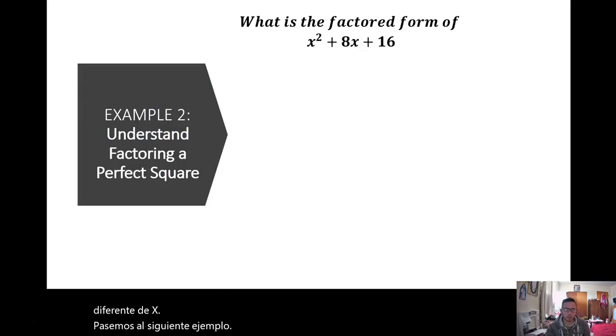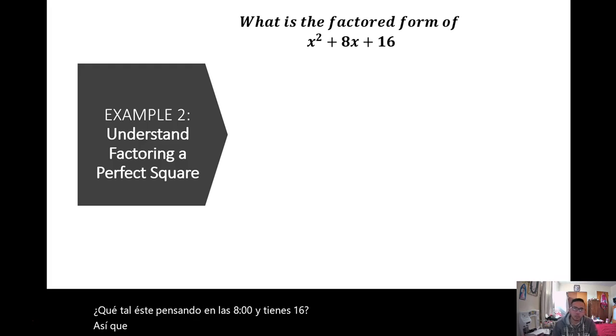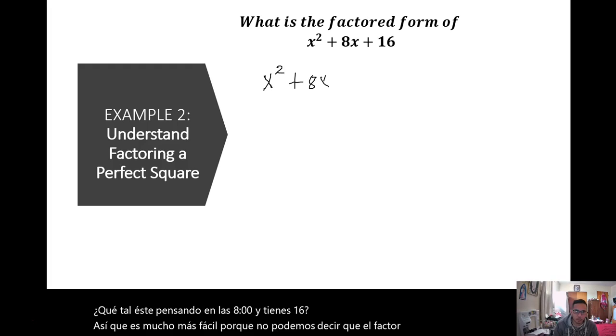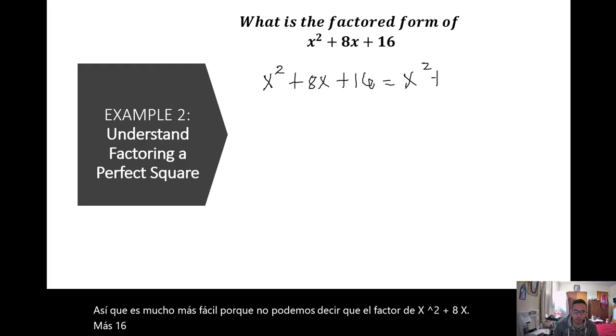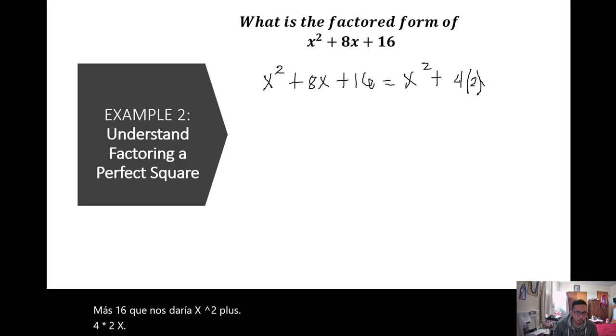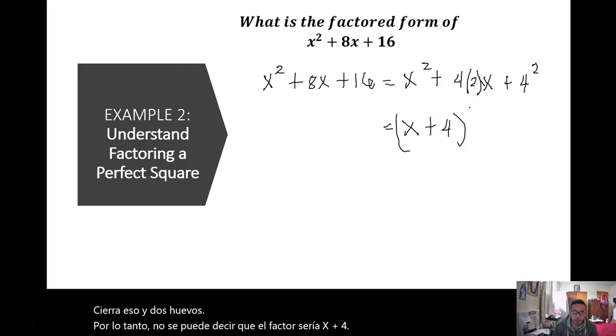How about this one? Thinking about 8 and 16. It's a lot easier because we can now say that the factor of x squared plus 8x plus 16 would give us x plus 4 times x plus 4.